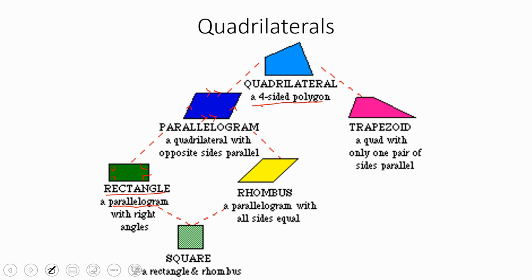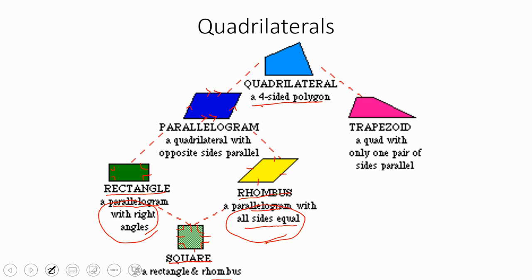All right, you can have another type of parallelogram, which is a rhombus. So it's a parallelogram with all sides equal. So this side is equal to this side, is equal to this side, is equal to this side. Now, what I always say, if a rectangle and a rhombus had a baby, it would be a square. Okay? It's a rectangle and it's a rhombus, which means it has 4 right angles, which comes from the rectangle, and it has all equal sides, which comes from the rhombus.